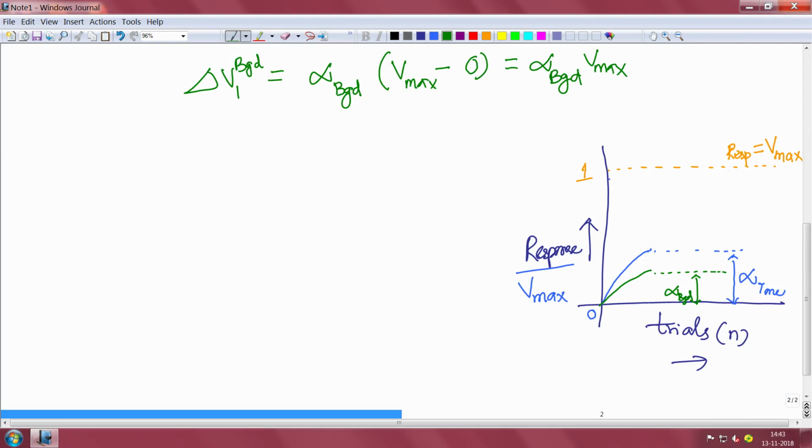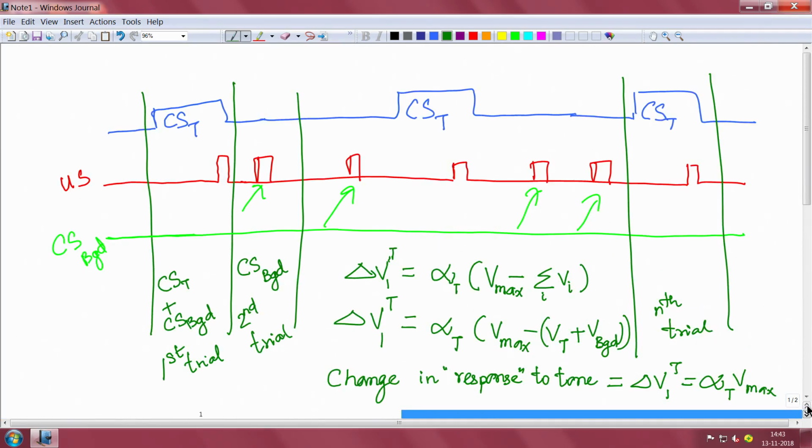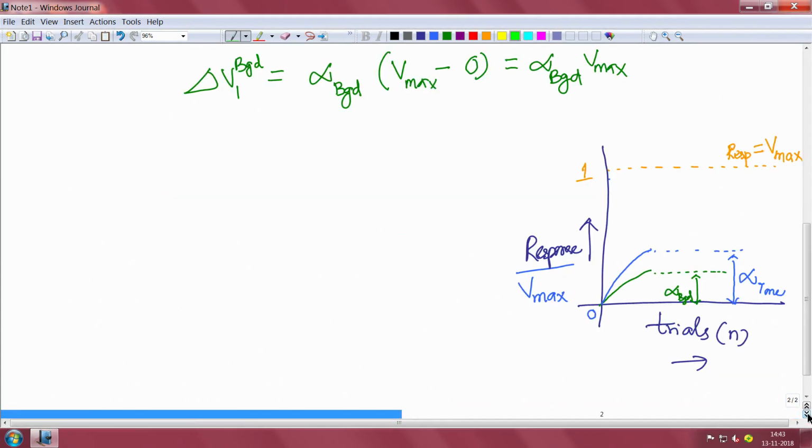However, what is going to happen is that next time, when we look at the experimental paradigm, the shock comes, when there is a US, right about here, the second trial, as we have already written. During the second trial, only the background is present and the tone is not present.